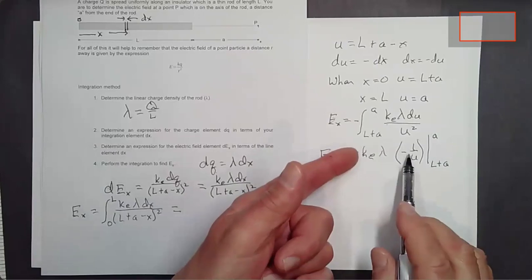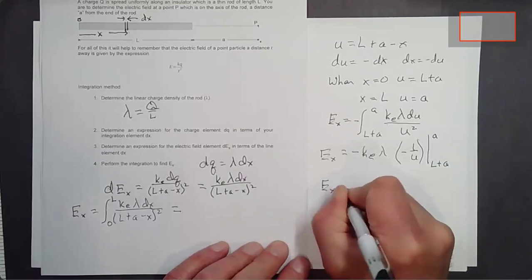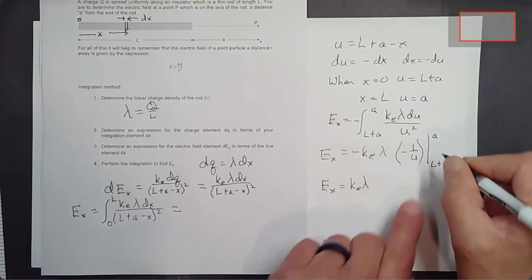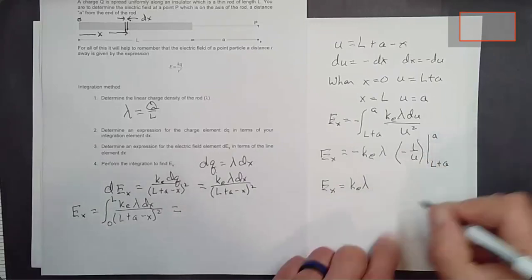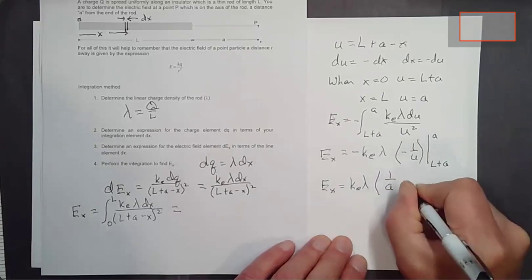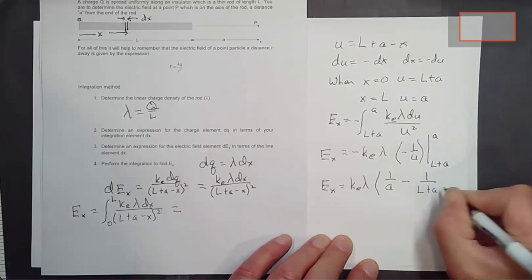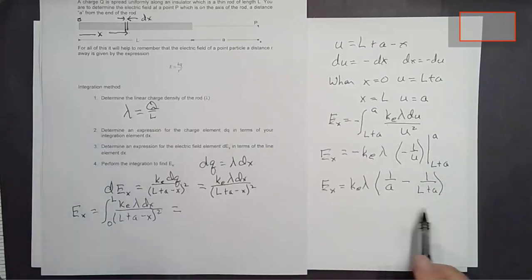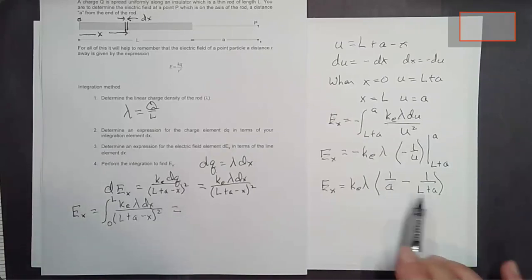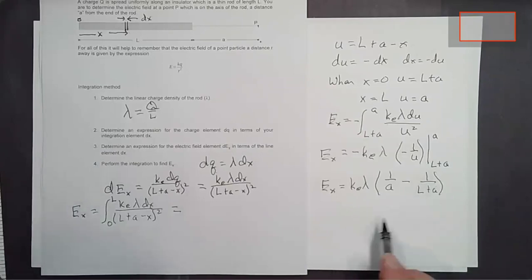Well, a minus and a minus make a plus, so this E sub x will equal K sub E lambda, and then I've got just plain old 1 over u evaluated at these 2 points, which is going to be 1 over A minus 1 over (L plus A). And I think that'll actually be positive because 1 over A is bigger than 1 over L plus A. So this will be a bigger value than that is, and that'll end up being positive.